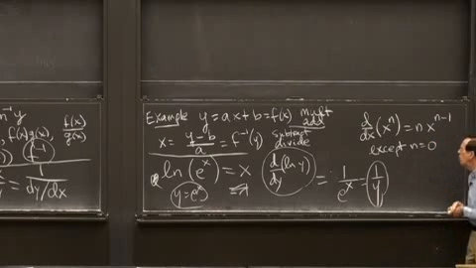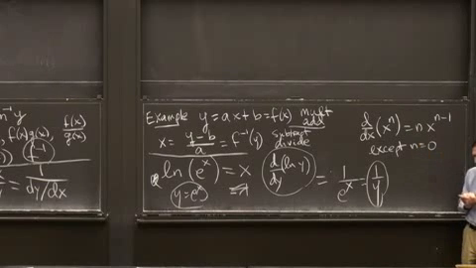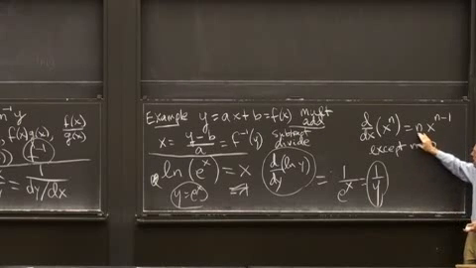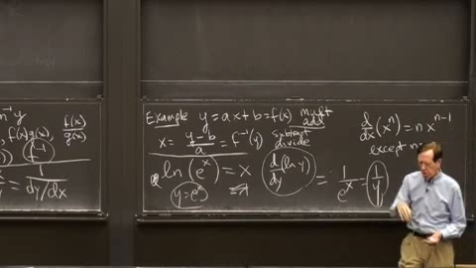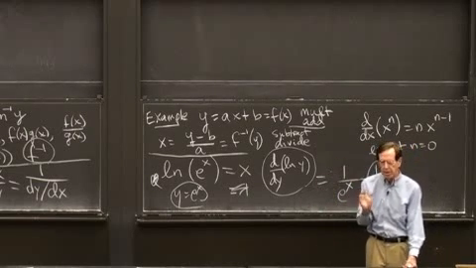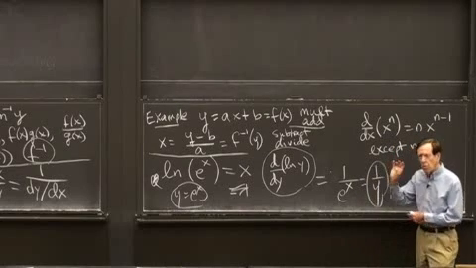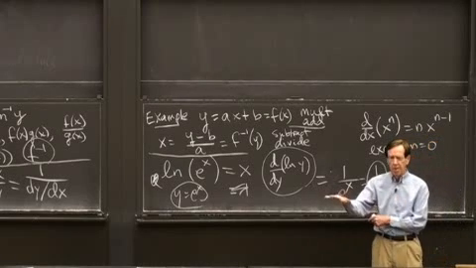The formula doesn't fail, it's still true when n is 0, but what fails is that the right-hand side is 0, and I don't get the minus 1 power. No power of x produces the minus 1 power when I take the derivative. So that was like an open hole in the list of derivatives.